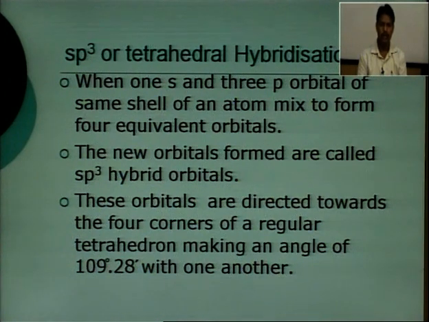These orbitals are directed towards the four corners of a regular tetrahedron, making an angle of 109.28 with one another. This is also called tetrahedral hybridization because when four equal orbitals repel each other, they form a tetrahedral shape.